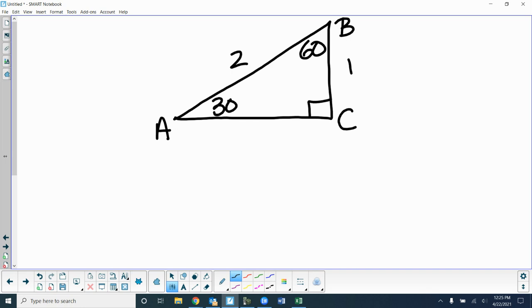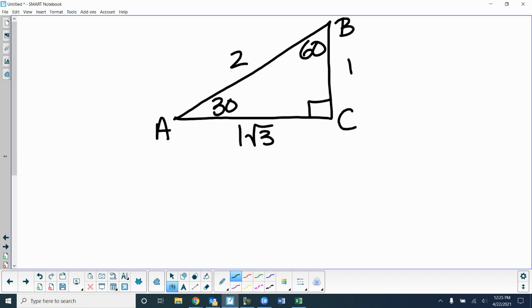The long leg, opposite to 60, is always the short leg times the square root of 3. That's always true for a 30, 60, 90. So if this is a 20, then that's a 10, and that's 10 radical 3. If this is a 5, that's a 10, and that's 5 radical 3.